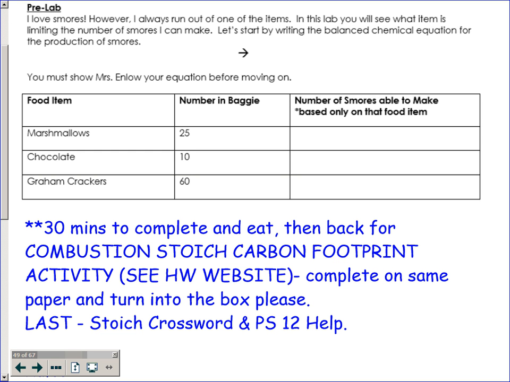You guys can grab a paper towel from the plate. Once you get the table done, I'm calling you guys up here.